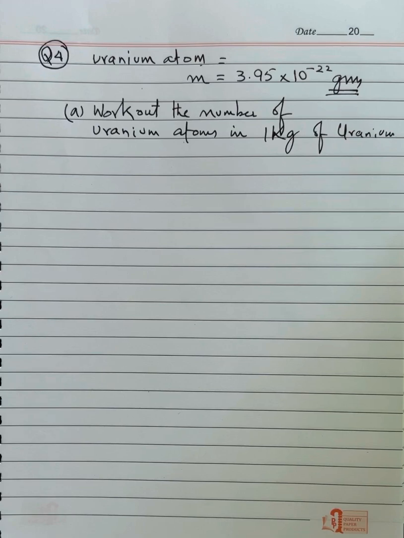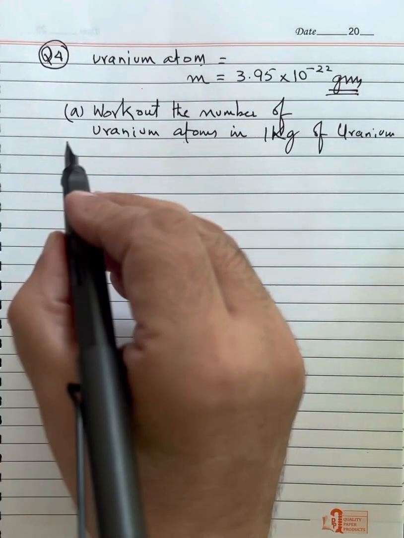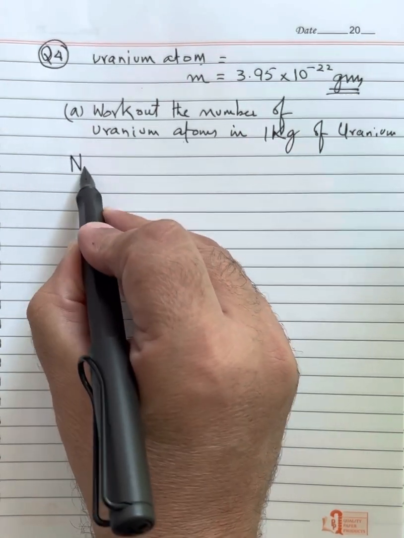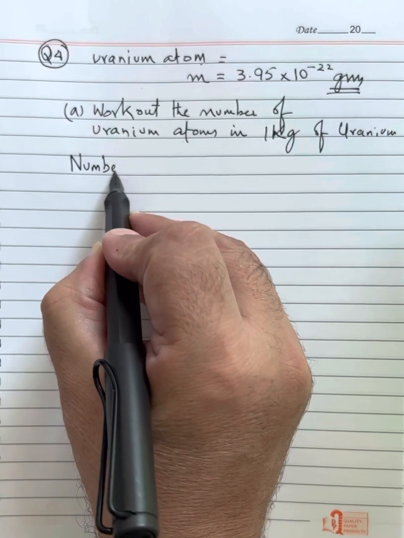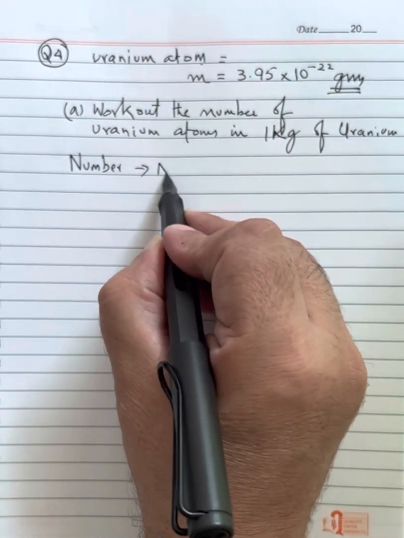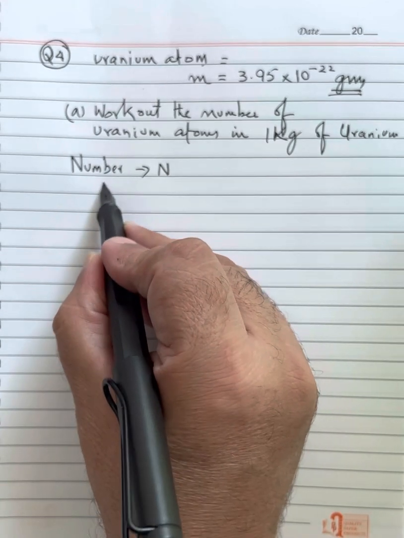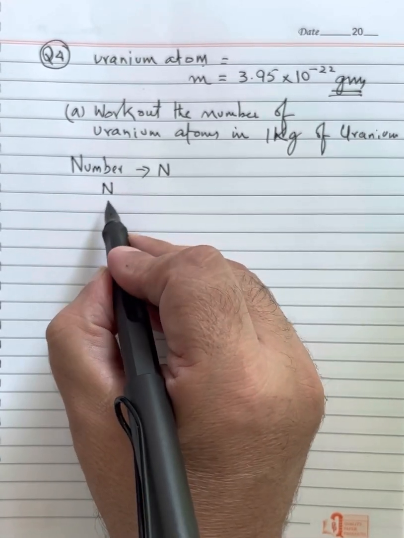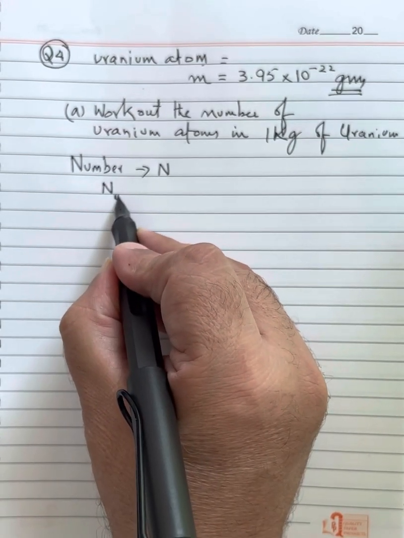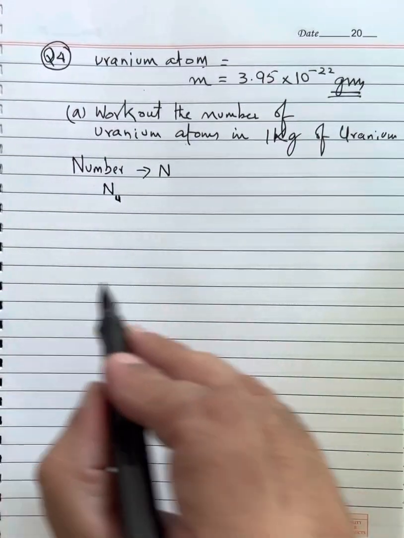Okay, so how do we do this? All right, let's set up an equation. You've got a number, let's call it n. Okay, so let's say number of uranium atoms. Let me just put a u here to signal that these are uranium atoms.